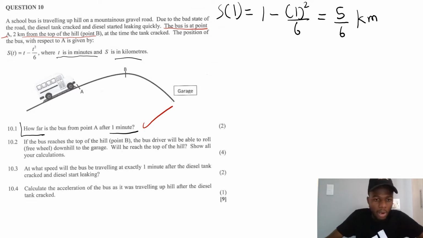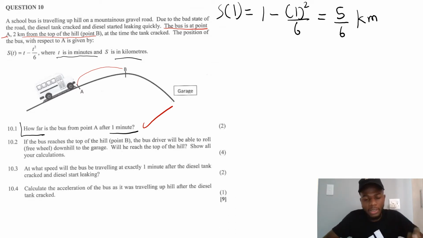Our job here is to find how far this bus is going to travel. We have to calculate the length.